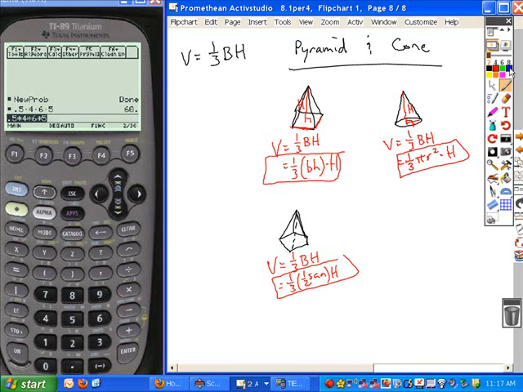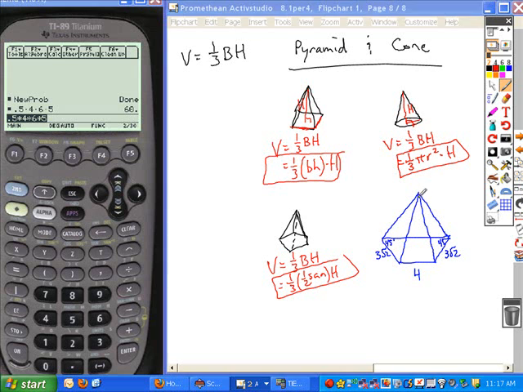Okay. All right, I want you to see if you can find the total volume of this trapezoidal pyramid. Okay.